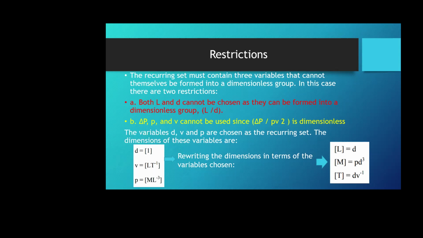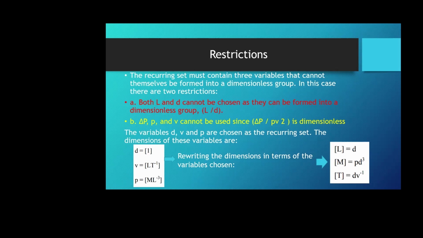Okay, let's write here. P is equal to M L to the minus 3. L equals D. And V is L T to the minus 1. Then I want to solve for L, M, and T as a function of the original variables of the problem. The first one is trivial because it's already solved.